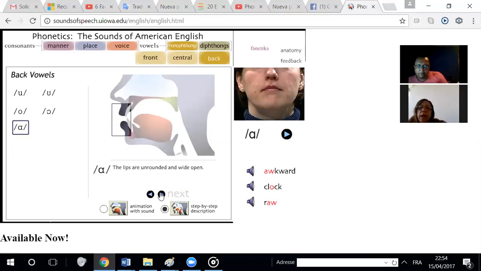Lowered. The lips are rounded and wide open. It means that your jaw is going to be very low. Raw.